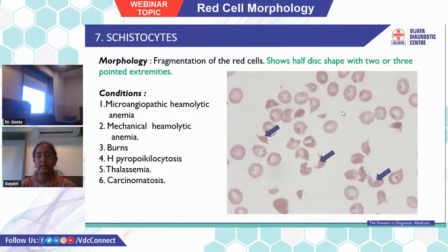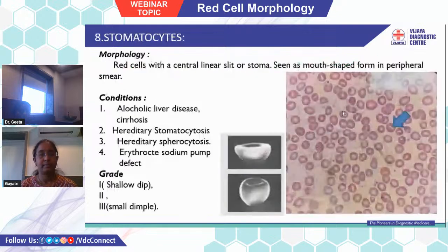The main differential diagnosis is that, under a microscope, any degenerated cell can appear as a schistocyte, so it is important to differentiate between a degenerated cell and a proper schistocyte. It is seen mostly in microangiopathic hemolytic anemia, mechanical hemolytic anemia, burns, hereditary pyropoikilocytosis, thalassemia, and even in carcinomatosis.